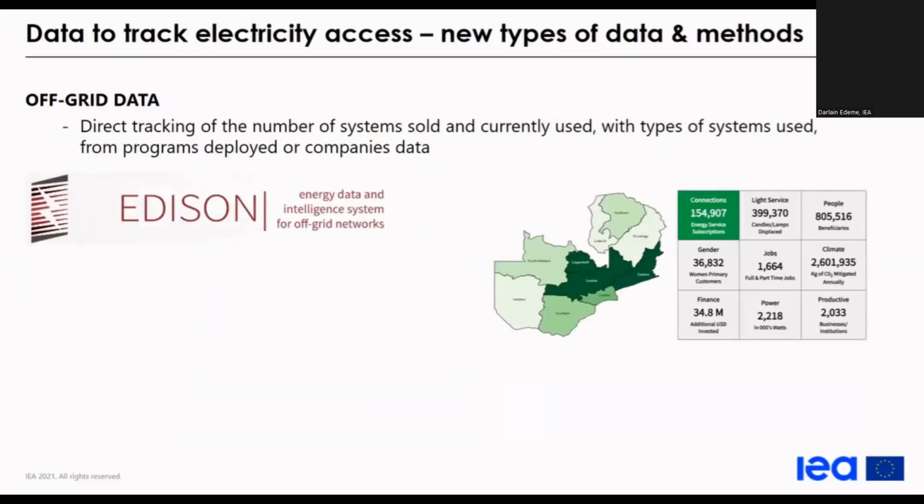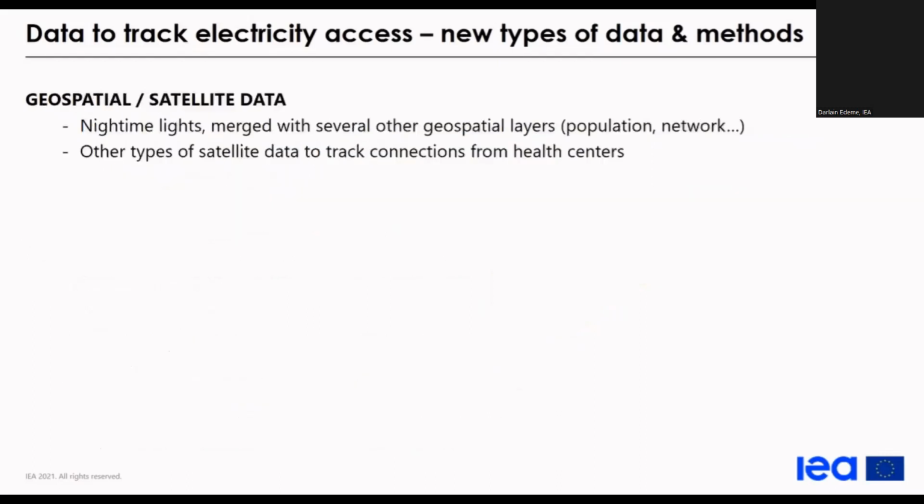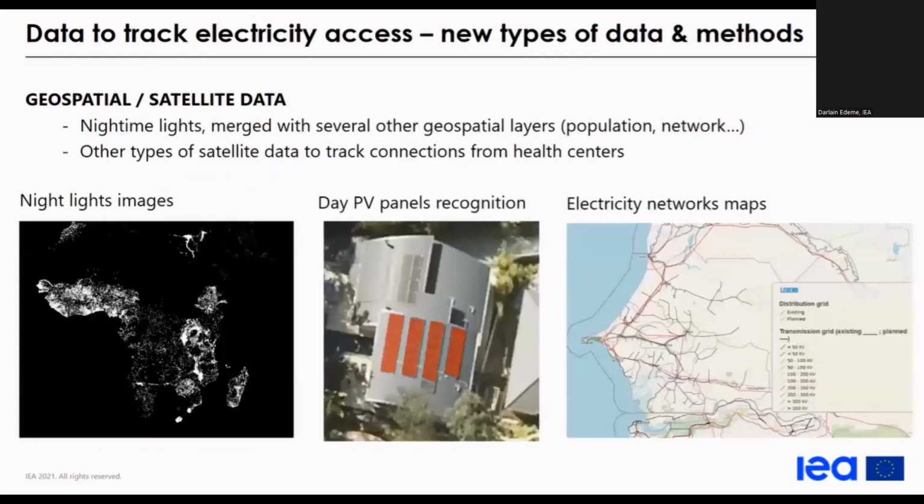Here is an example in Zambia under the Edison platform related to a grant program where there is a live tracking of solar home system and mini grid connections relying on smart meters and other tracking technologies developed by those solutions. Then there are also increasingly geospatial and satellite data that can help track better access to electricity using nightlight images, day PV panel recognition, or also electricity network maps.